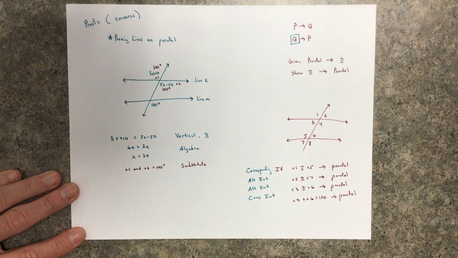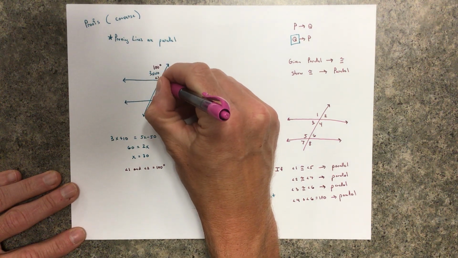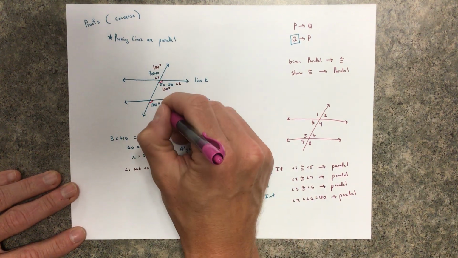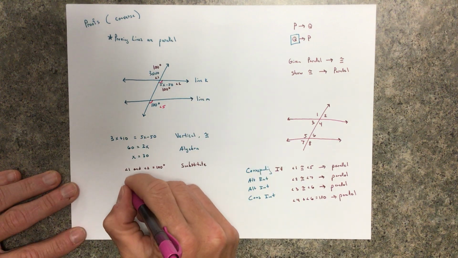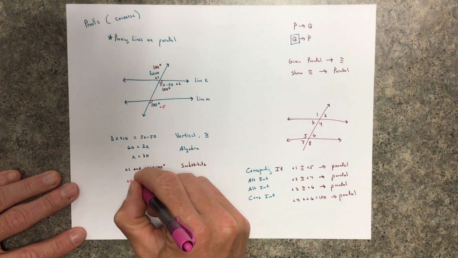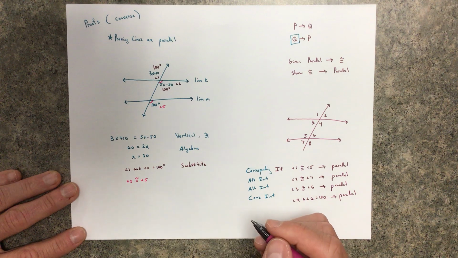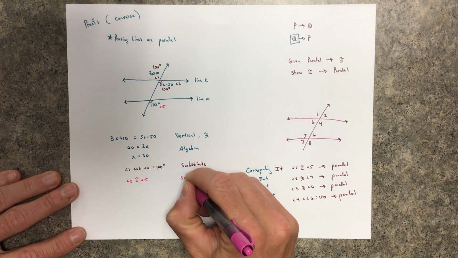Look what happened though. Let's use a different color. This angle is now 100, and this angle is now 100. Let's call this angle 5 for fun. But now, angle 2 is equal or congruent to angle 5, right? They're both equal to 100, same measure.